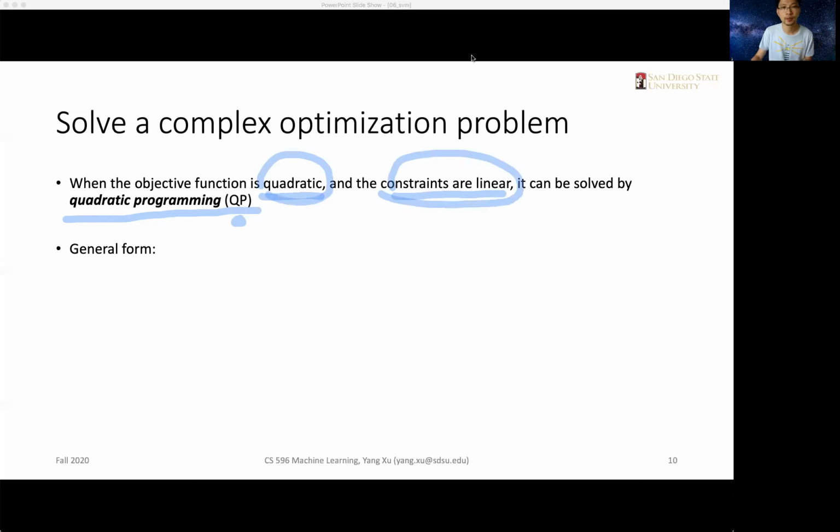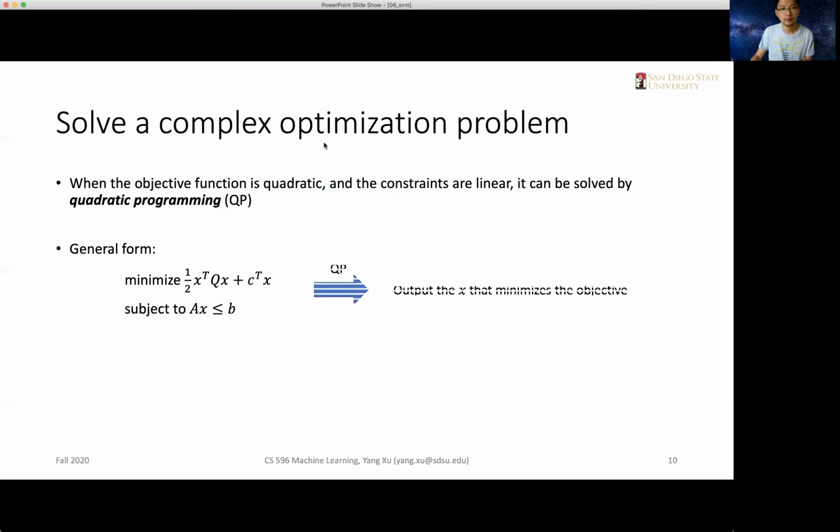Okay. So the general form of the quadratic function is like this, right? It is x transpose times some matrix Q times the x vector again. So x in this case could be a long vector. You can think of it as a long thin variable vector with just one column.